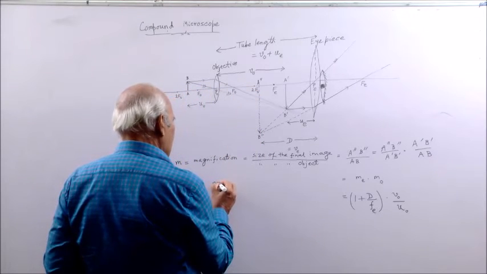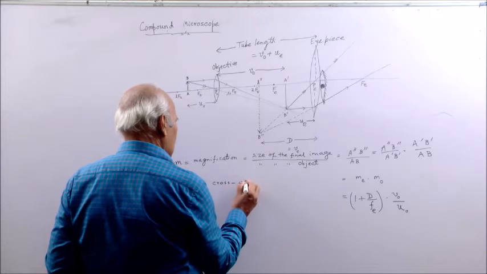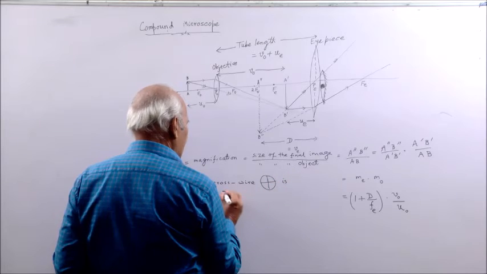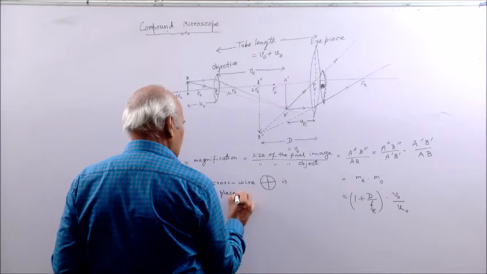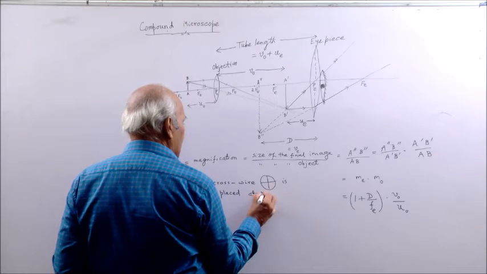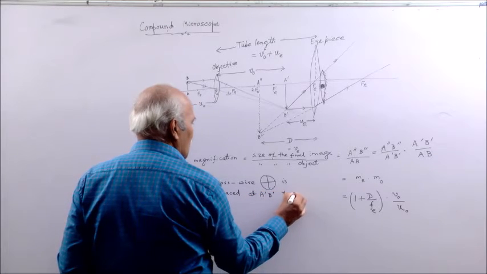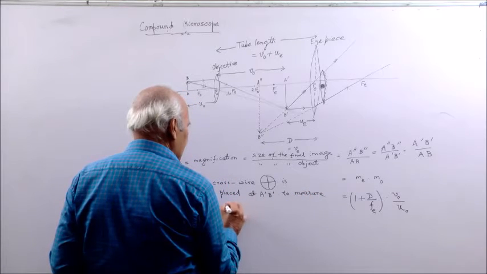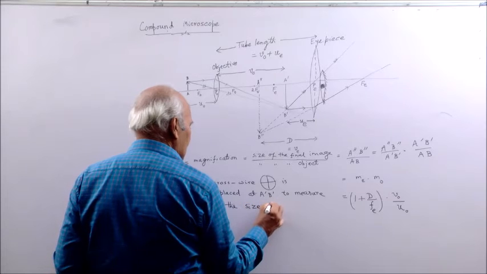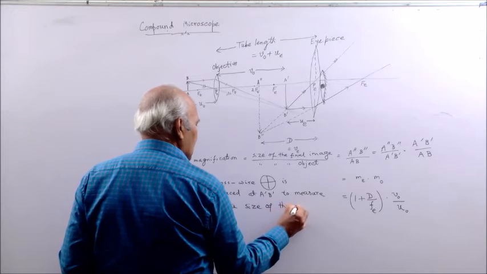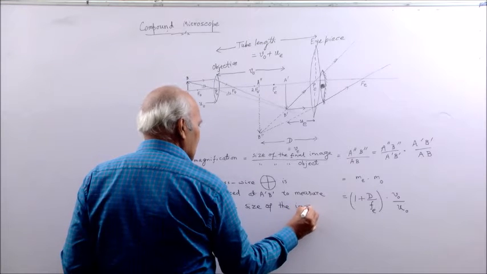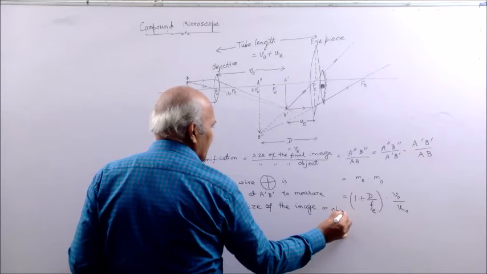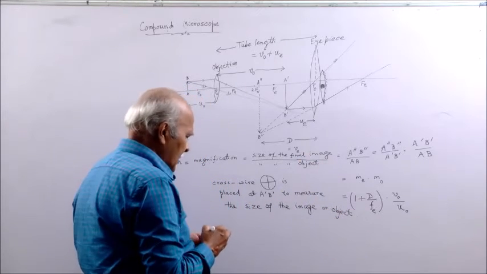So, the cross wire is like this, placed at A dash B dash to measure the size of the image or object. So, these are necessary for the measurements.